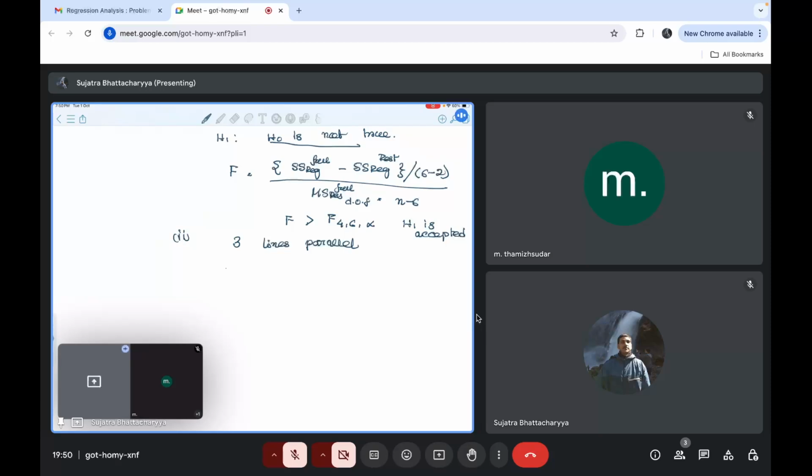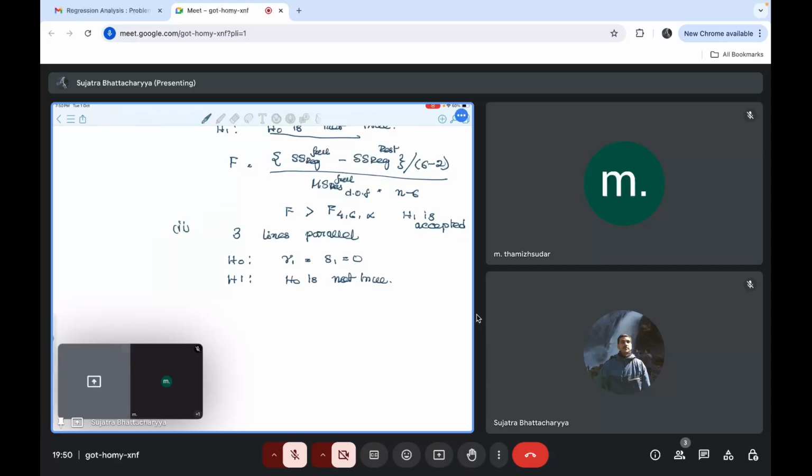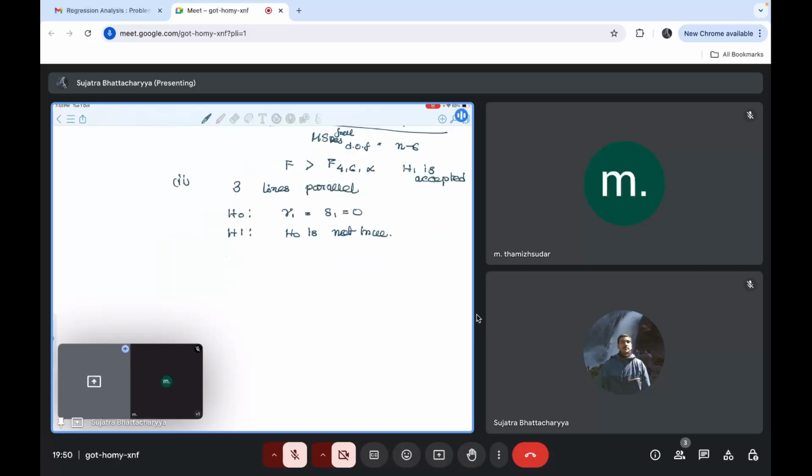So in this case, what will be happening in three lines parallel? Slope must be same. All other things will go. So it will be gamma 1 is equal to delta 1 is equal to 0 and H naught is not true in the H1. In the restricted model, you don't have these two parameters, so all other four parameters will be there.